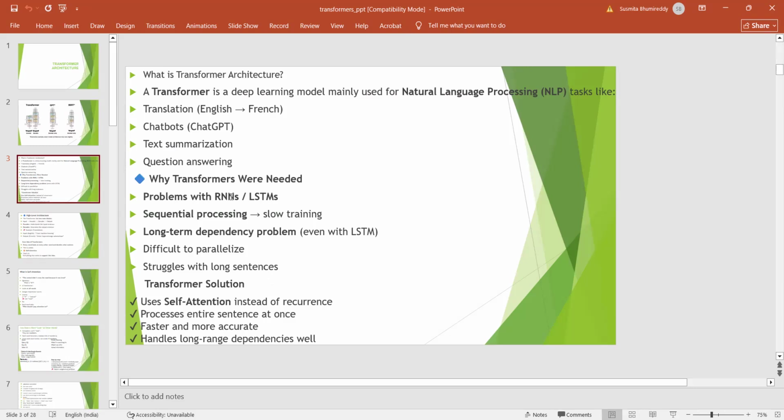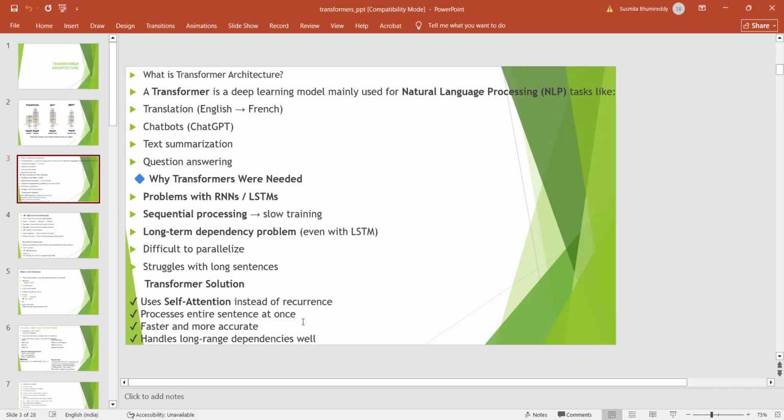That's why, compared to these neural networks, we are using transformers here. And this is the transformer solution. As I said, it uses self attention instead of recurrence, and it processes the entire sentence at once. It will read all the words in a sentence at a time, not just word by word.